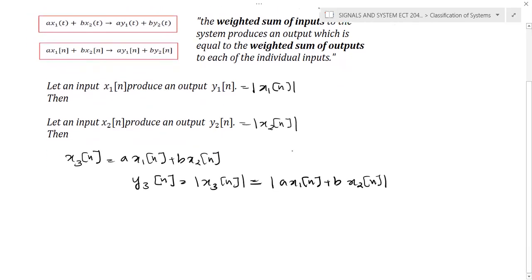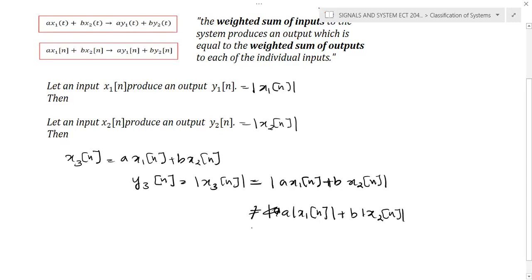And the given expression we cannot write like this, which is not equal to a into modulus of x1 of n plus b into modulus of x2 of n, because we cannot split this modulus of a sum like this.